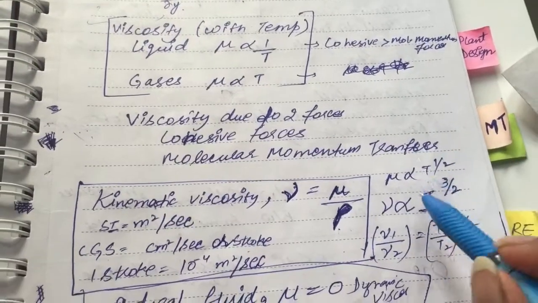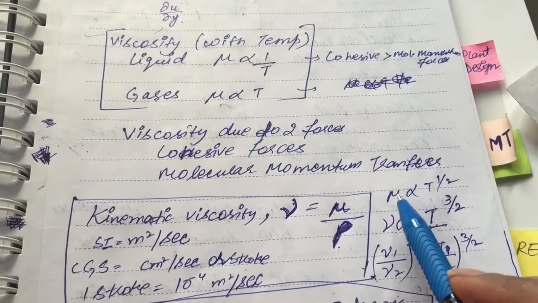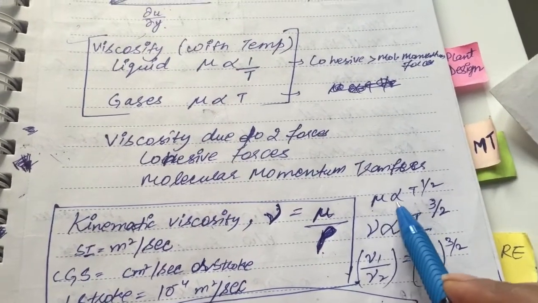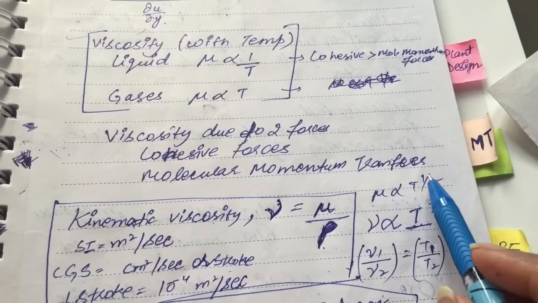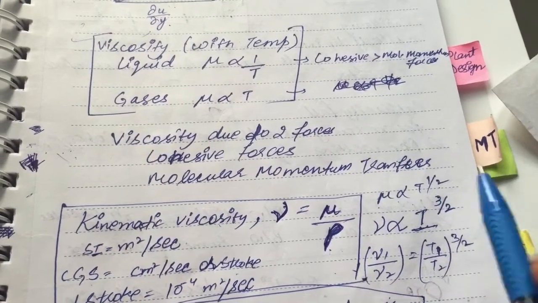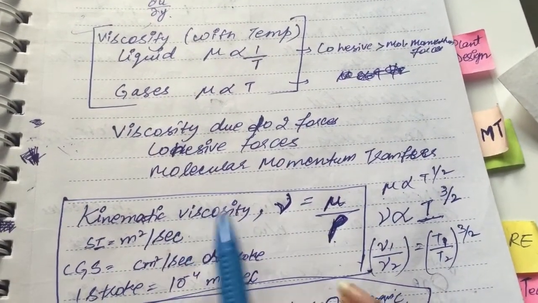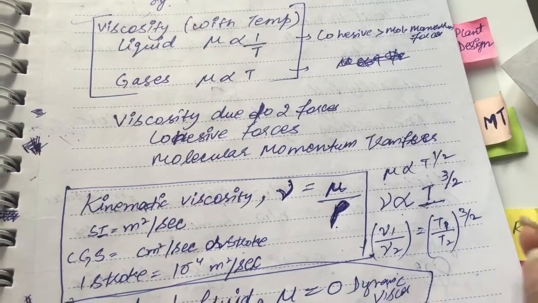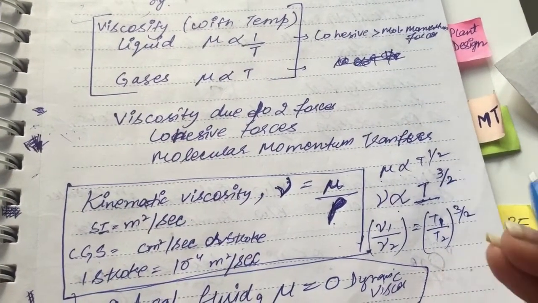And few relations are also there. So our absolute viscosity is directly proportional to under root of T for liquids, and our kinematic viscosity is directly proportional to T to the power 3 by 2.